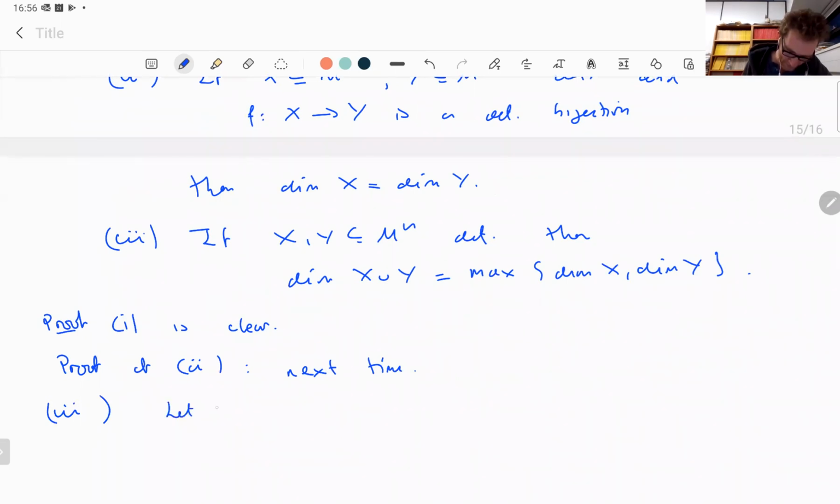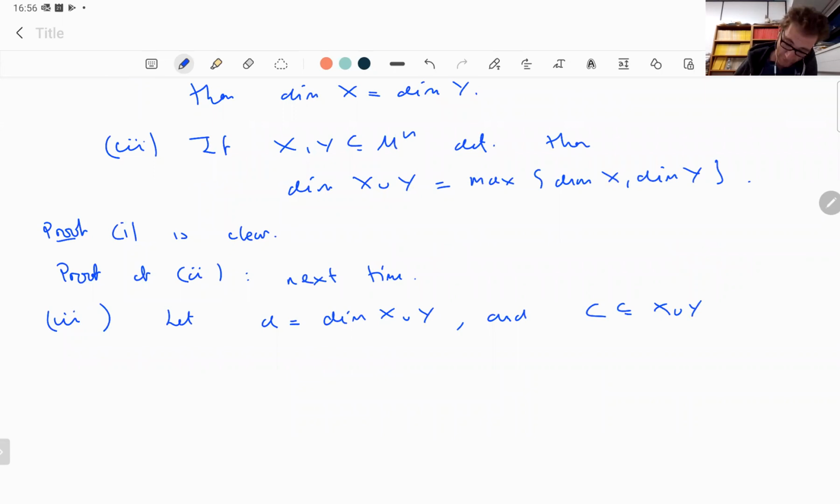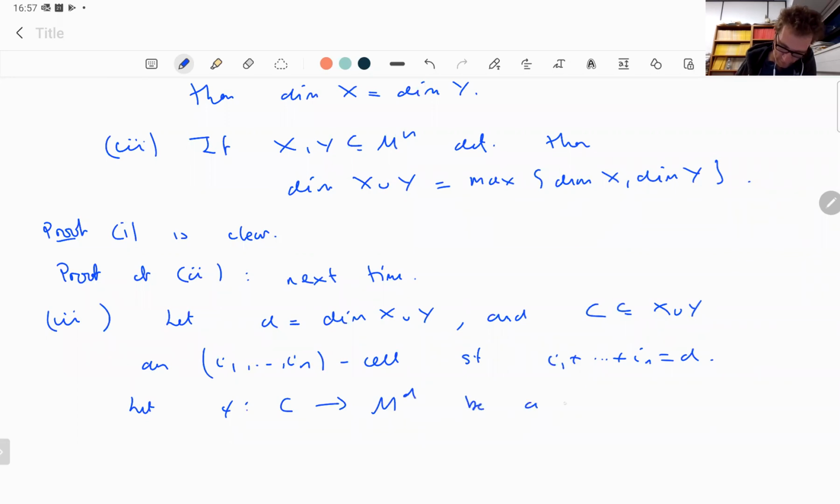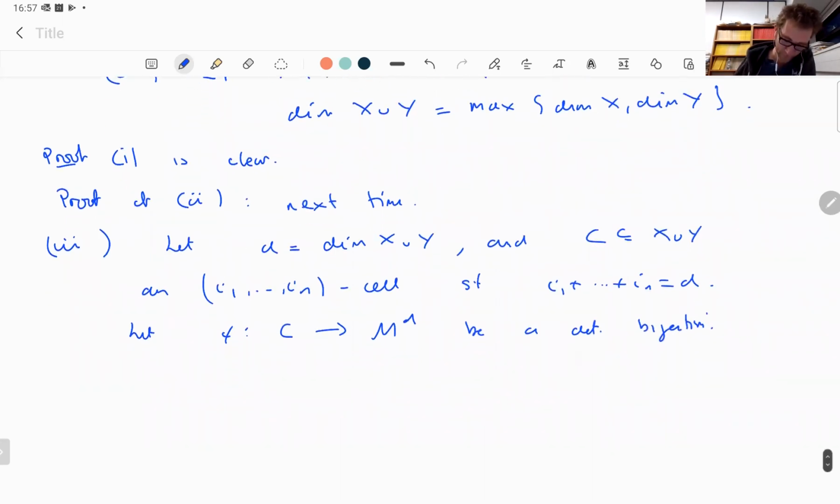So let D be the dimension of the union, and take an I1 up to IN cell C in the union where I1 up to IN sum to D. So a cell witnessing that the dimension of X union Y is D. Okay, so then I can let phi from C to M to the D be a definable bijection by what we said before.